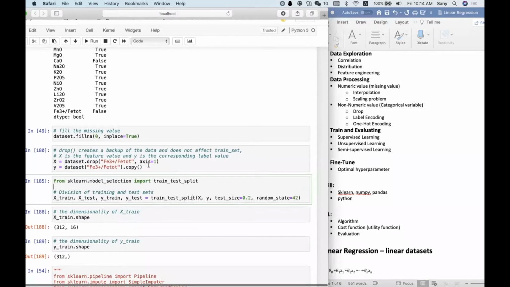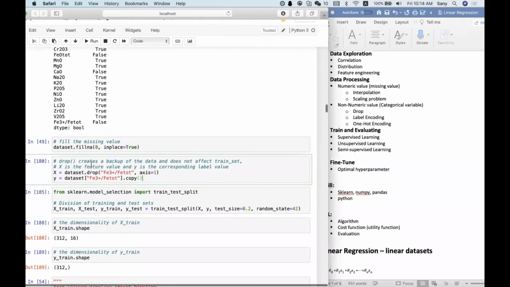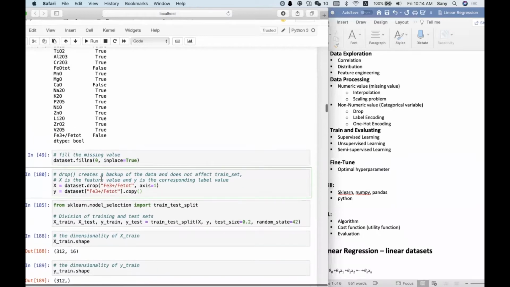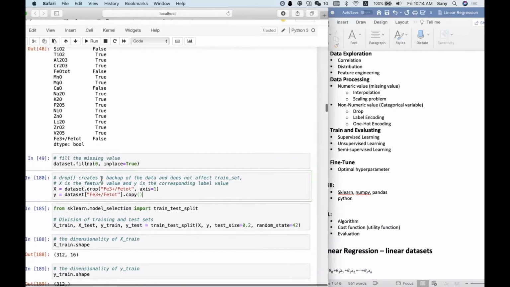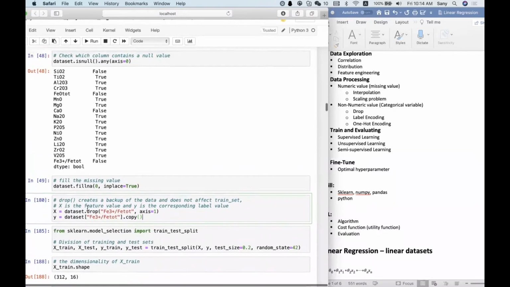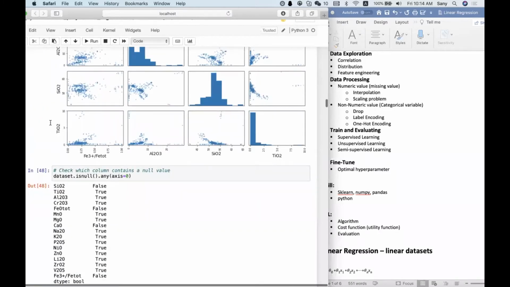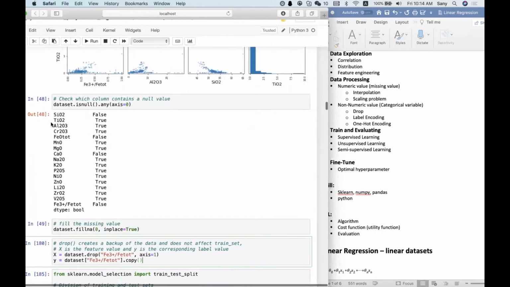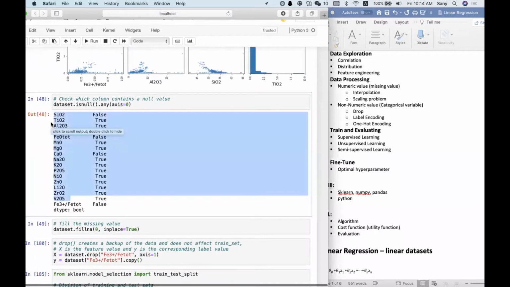But before that, I have found the feature values in this datasheet, because I did this work with a group a long time ago, and they chose this dioxide to be the feature value.